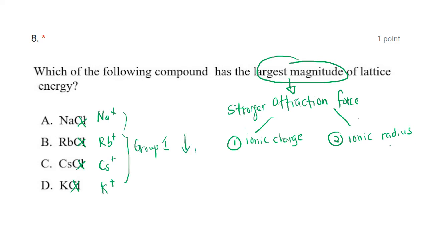Going down the group, the size is getting bigger. So among these 4, sodium is at the top of group 1, so the ionic radius is the smallest. Then this will cause the attraction force to be stronger and lead to the largest magnitude of the lattice energy.